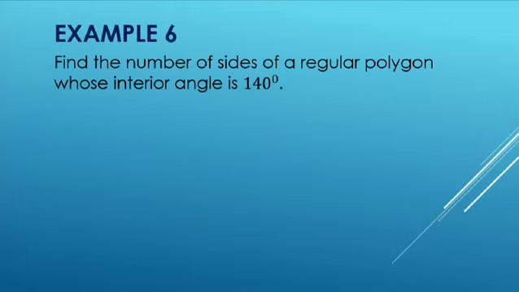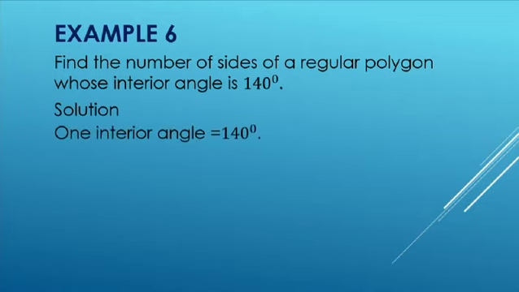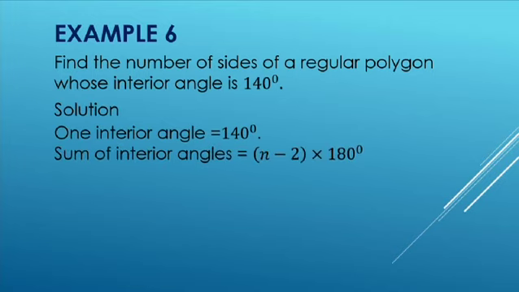Example 6. Find the number of sides of a regular polygon whose interior angle is 140 degrees. How are we going to do that? Well, we know that one interior angle is 140 degrees, right? And we know that the sum of interior angles is equal to n minus 2 times 180 degrees, right?